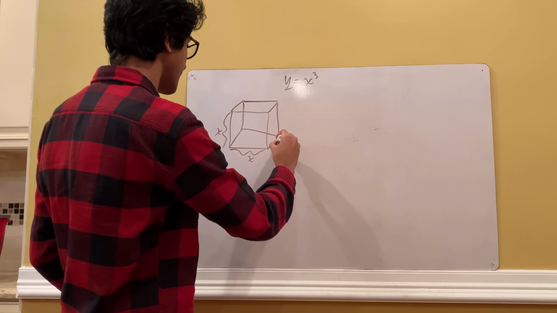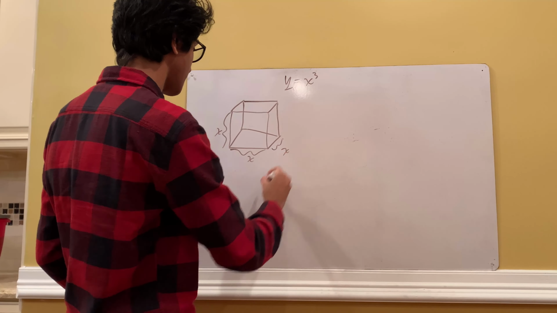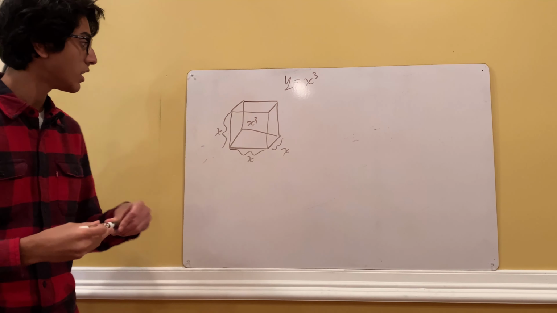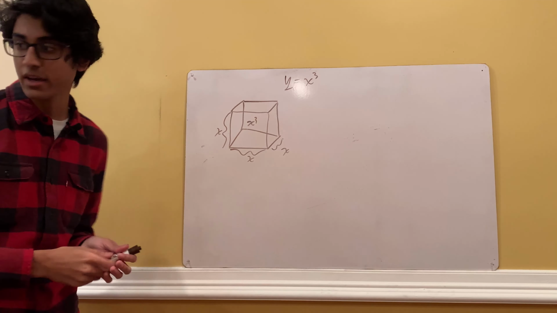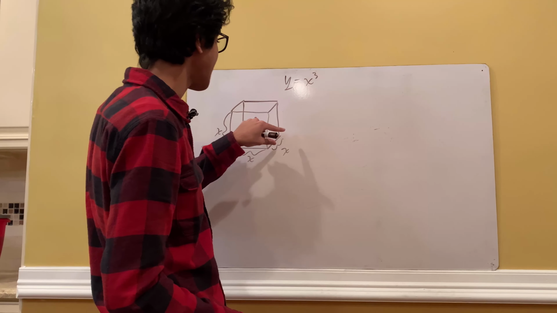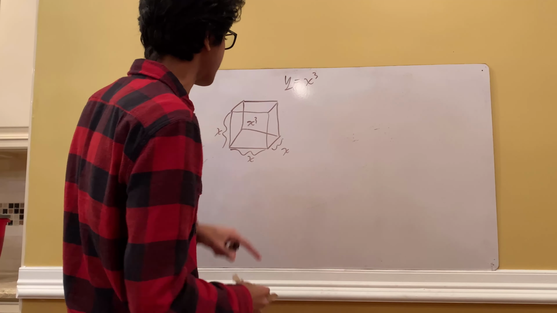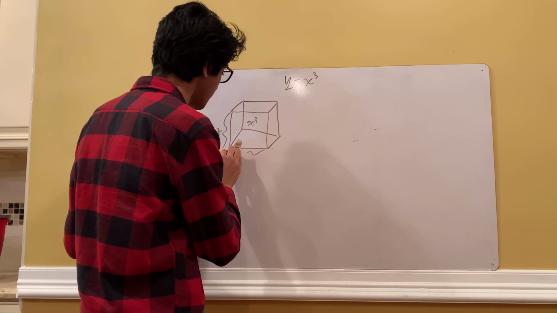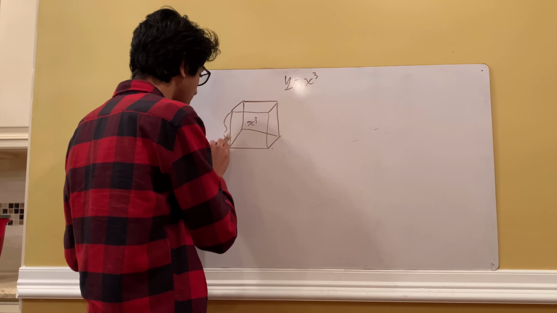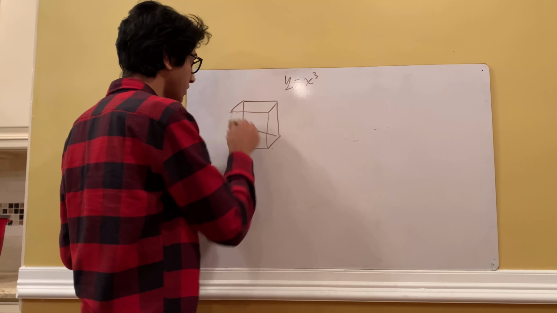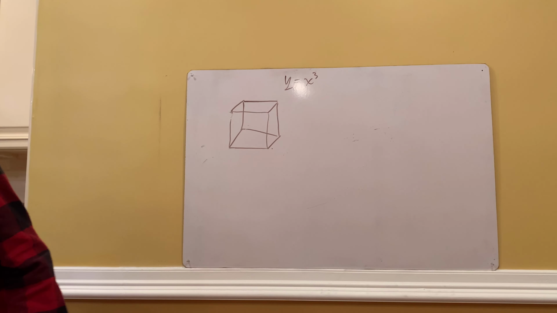And then this is x, and then this is x cubed. And I'm just gonna erase all that. I just wanted to do that to show you guys what we're working with here. The input is length, the output is volume, x cubed. So let's get the derivative for this. The reason I'm erasing this is it's gonna get really messy. I'm gonna show you guys what's gonna be happening.